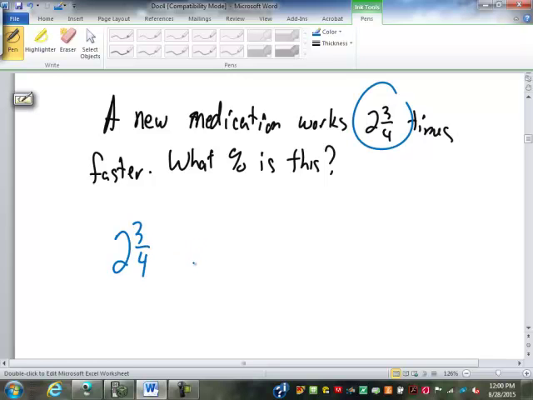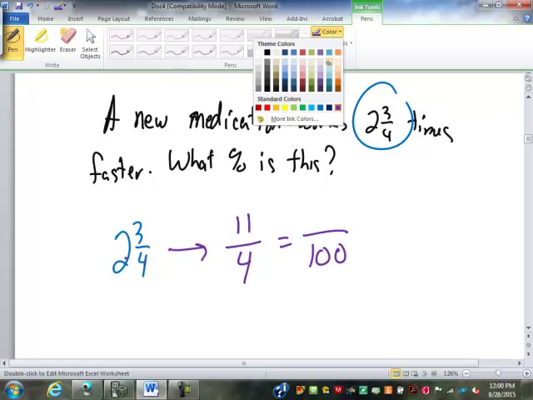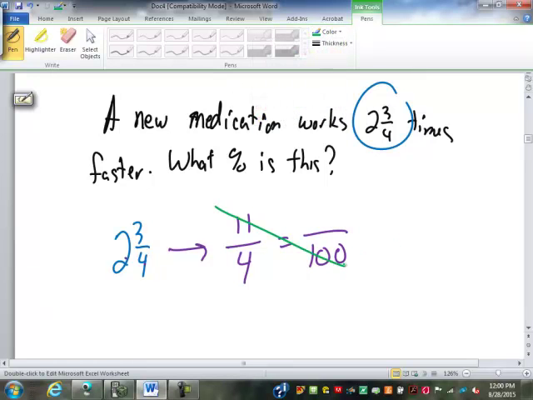Of course, we cannot change a mixed number into a percent. What do we have to do to it? Make it an improper fraction. 2 3/4 becomes 11/4. 2 times 4 is 8, plus 3 is 11. And now, of course, we're going to make that out of 100, which will give us 11 times 100 divided by 4 is 275.